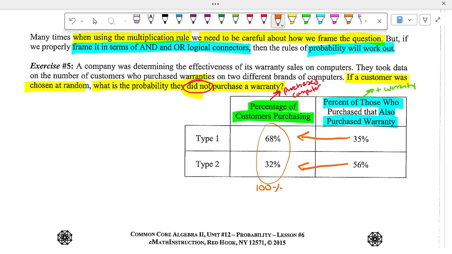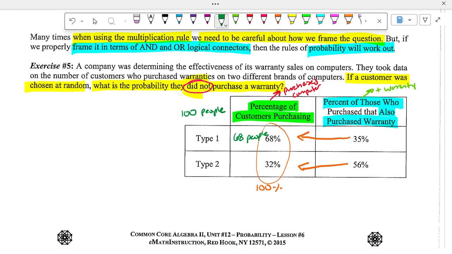Okay, so that's a lot of numbers. So let's put it this way. Let's just make a scenario that they were looking at 100 people. So 100 people bought computers. How many people bought Type 1? 68. So we're saying 68 people, and I'm just making these numbers up, but it helps put it into a clearer picture. So 68 people bought Type 1.